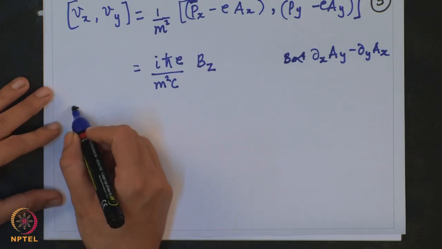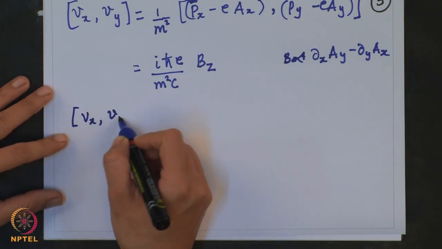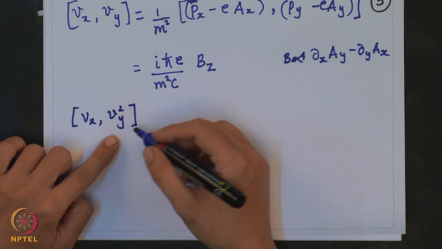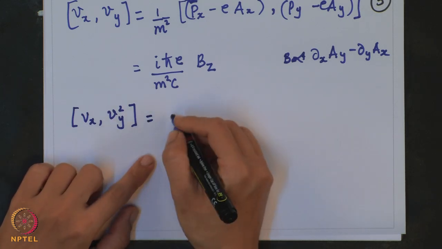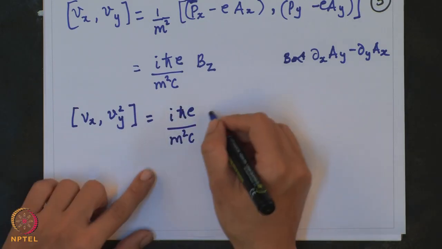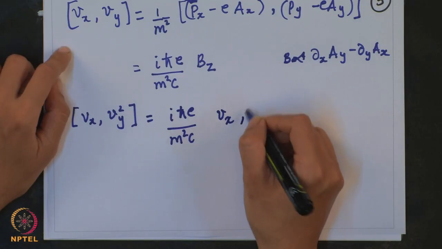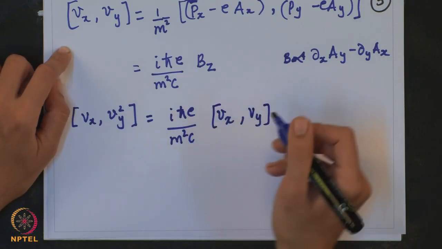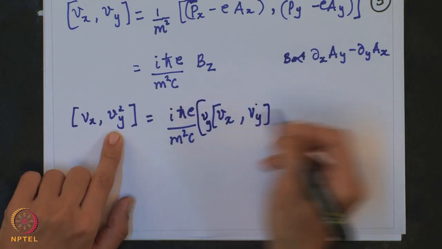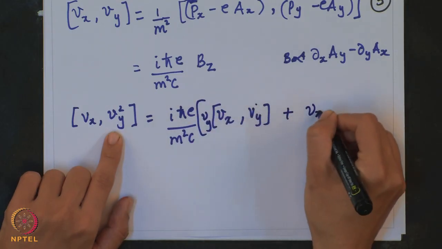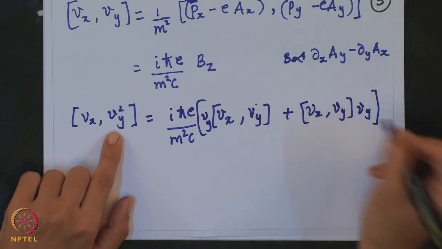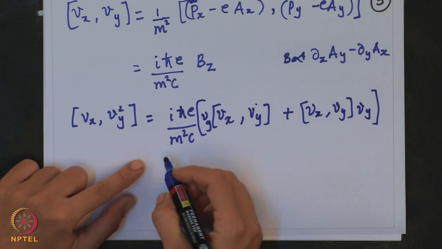So, similarly you can write what will be Vx Vy square. Vx Vy square is simple, you can rewrite this and use the relation Vx, Vy, square, I can write here Vy plus Vx Vy Vy. This is a standard way of solving.